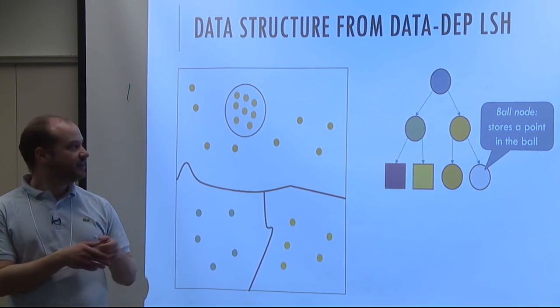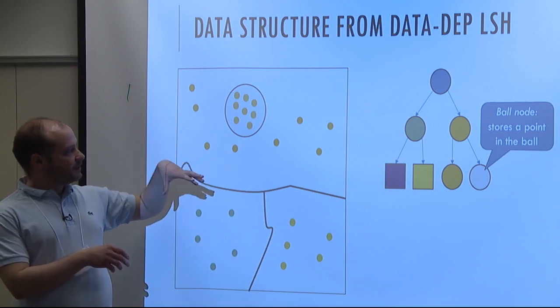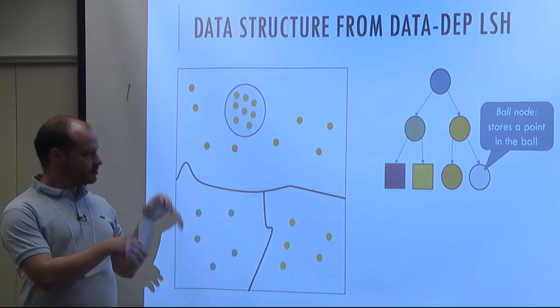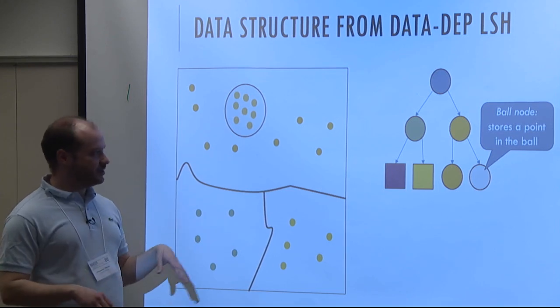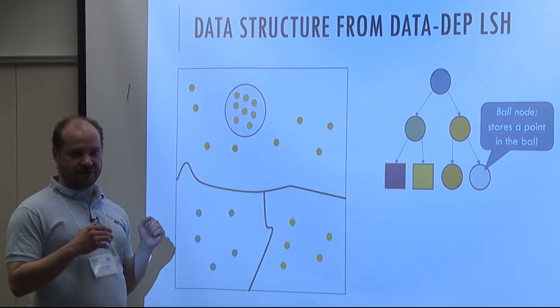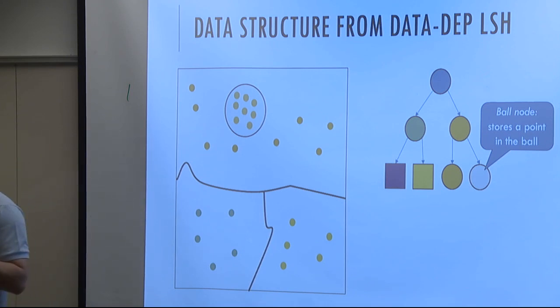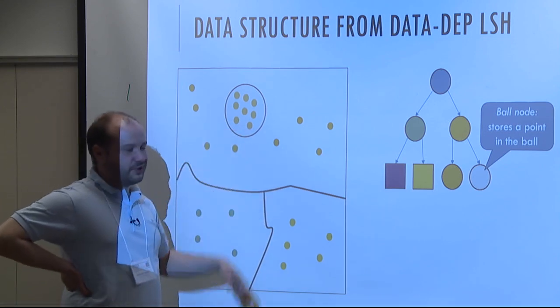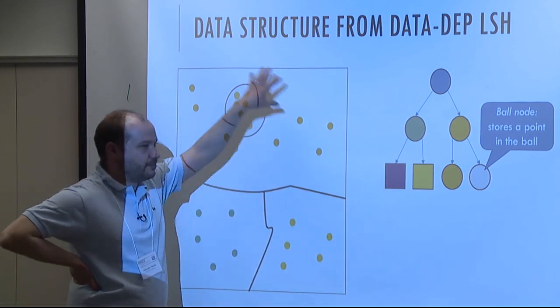At every point in building this decision tree, if there is a dense ball, I carve it out, and I recurse on the rest. If there is no dense ball, then I use my data-dependent LSH construction. So when you say recursive, it means you just build a new data-dependent LSH on the subset. Yeah, just build the tree on the remaining points here.